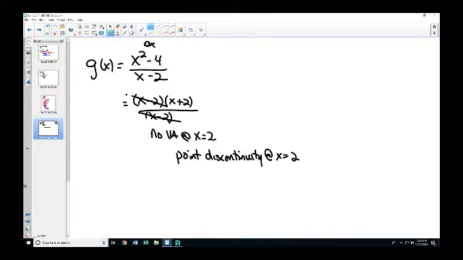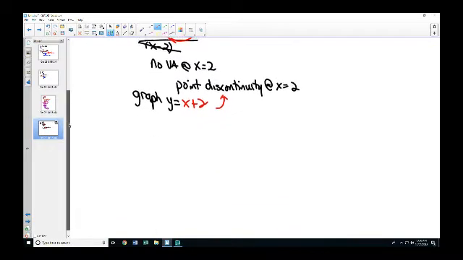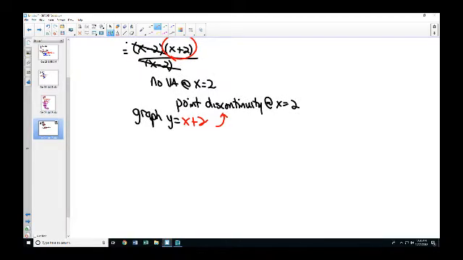Here's what's really neat about these. All you have to do is graph that function with a point discontinuity at x equals 2. Okay. So you've eliminated, see, these cancel each other out everywhere in the graph.